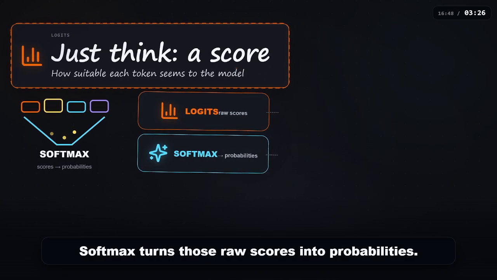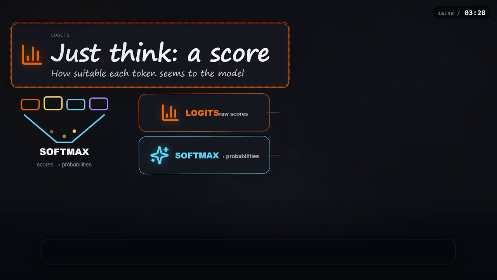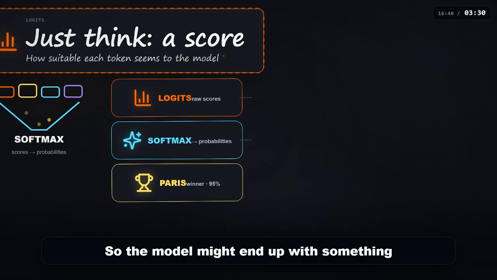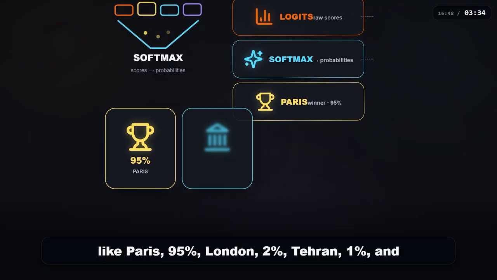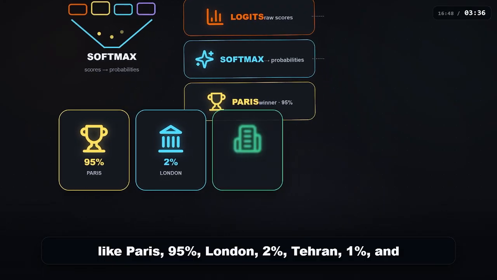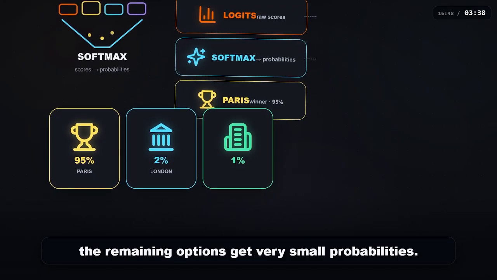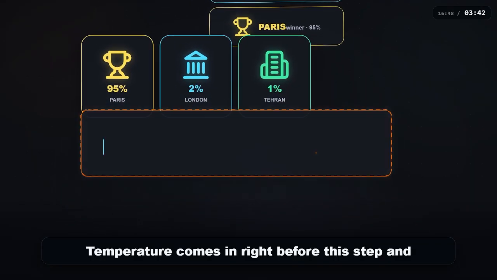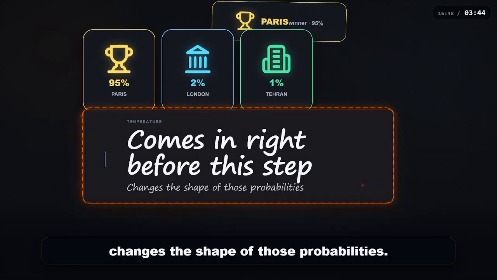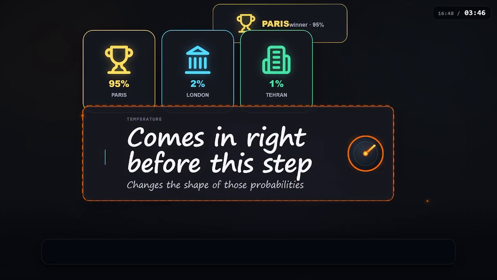Softmax turns those raw scores into probabilities, so the model might end up with something like Paris 95%, London 2%, Tehran 1%, and the remaining options get very small probabilities. Temperature comes in right before this step and changes the shape of those probabilities.